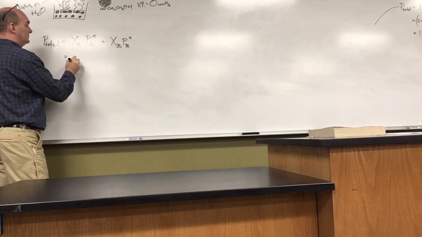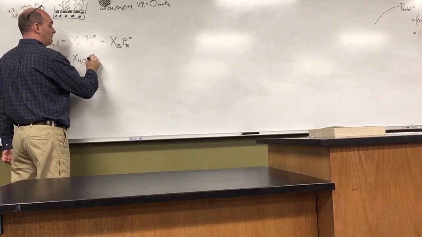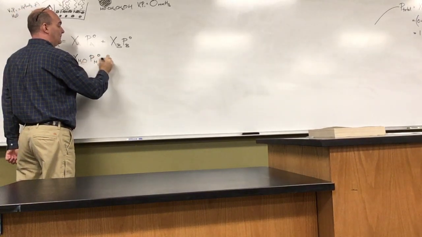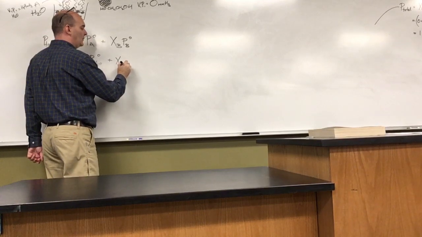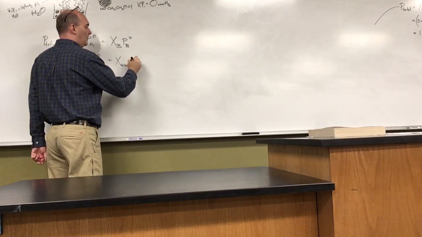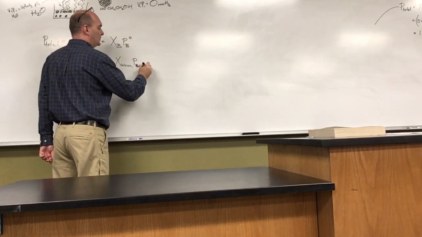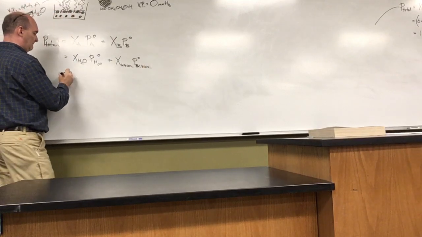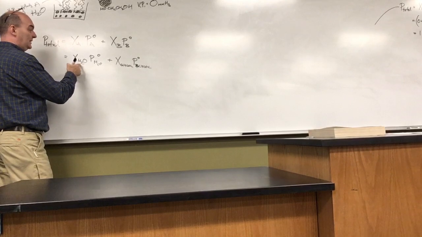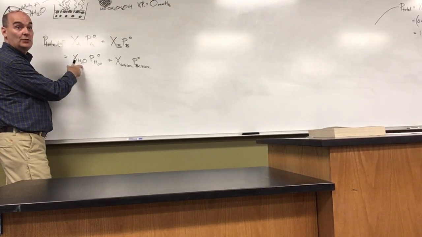So this is the mole fraction of water, the vapor pressure of water, plus the mole fraction of the glycol times the pressure of the glycol. So this tells you that they're in a 1-to-1 molar ratio.